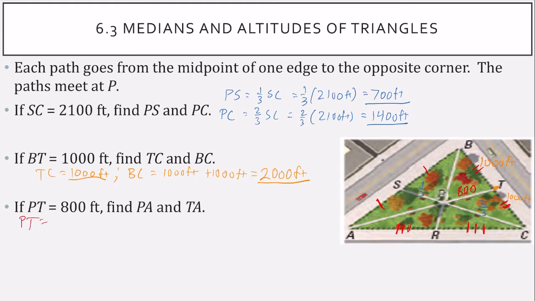So PT is 1/3 the whole length, which is TA. PT is 800, so to solve for TA, we need to multiply by 3. So TA is 2,400 feet.